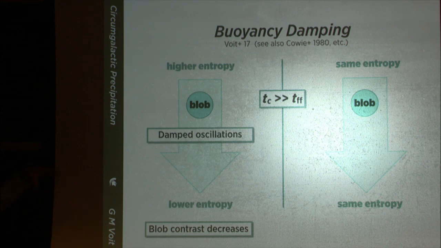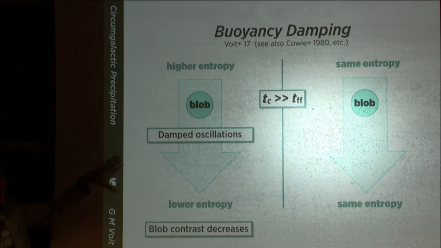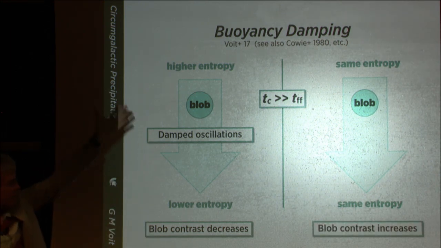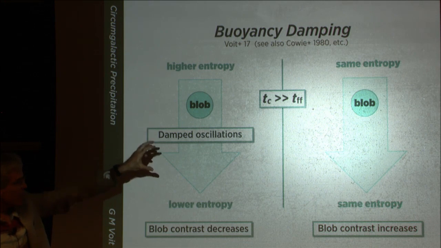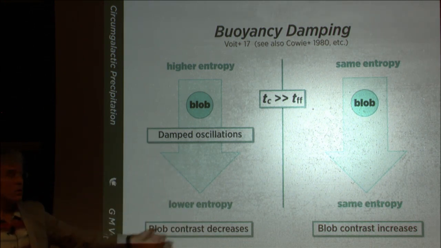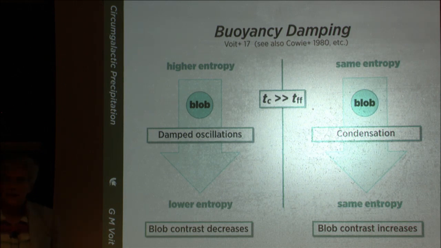Okay, this is just a gravity wave, and if the gravity wave loses energy, these oscillations will die, and you won't get condensation. Whereas over here, if the entropy gradient is zero, that blob is going to lose entropy, and its contrast is going to grow. And so that situation leads to condensation.